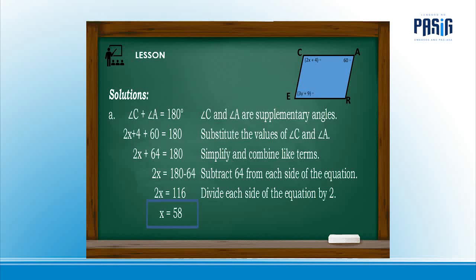Then simplify and combine like terms. 2x plus 64 is equal to 180. Then 2x equals 180 minus 64 by subtracting 64 from each side of the equation. Then 2x will be equal to 116. Then divide each side of the equation by 2. So therefore, x equals 58.